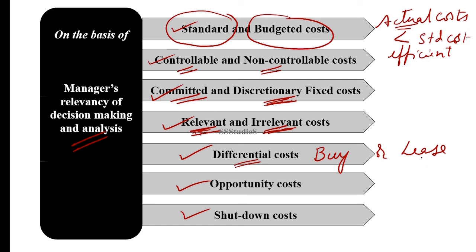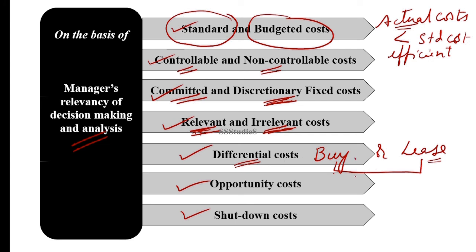Whereas if it goes for leasing, it has to pay lease rentals, but there are again benefits for leasing as well. So depending upon the decision that is taken in this case, the difference in the total cost between buying option and leasing option, this is what is called as differential cost. So it is a difference in the total cost of two options when it is compared.